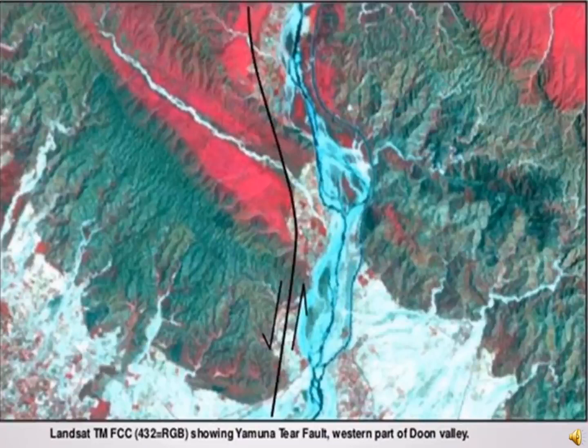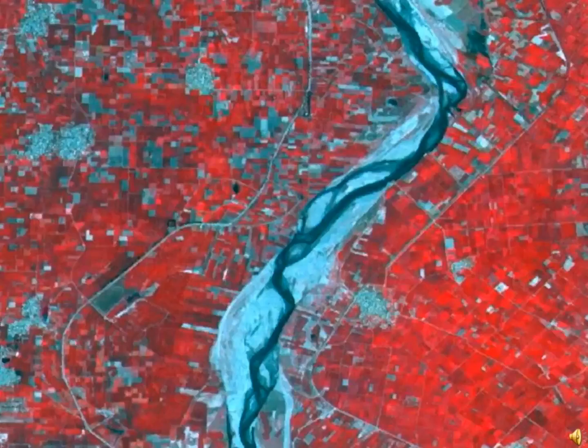The geological formation of a fault zone can be identified very easily, but it is not possible to identify these fault zone features from the drone or earth observations. From this satellite FCC false color composite image, we can easily distinguish the river course, flood affected area, urban area shown in cyan color, vegetation shown in red color.